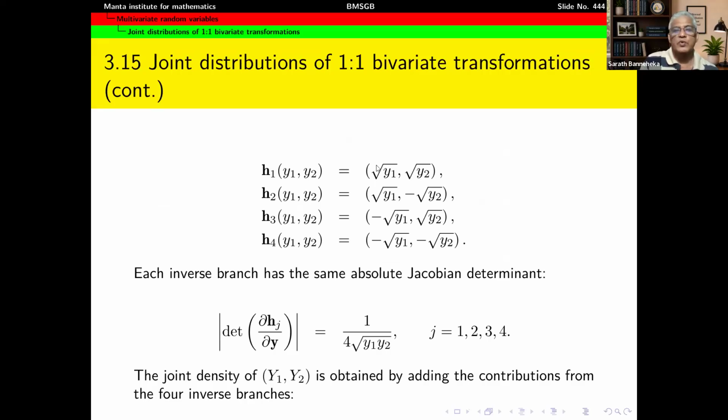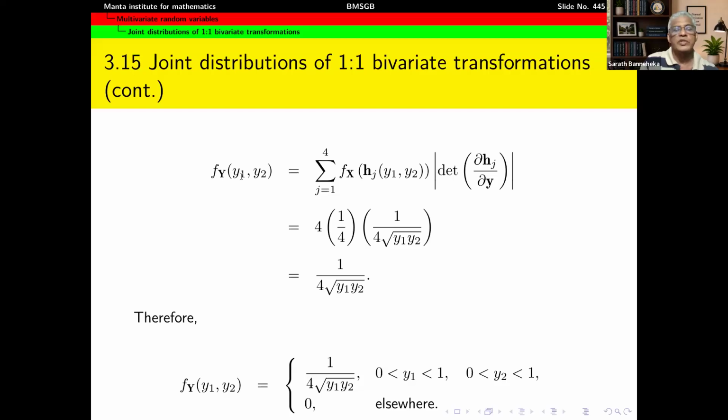Therefore, considering each, we can find the joint density, and the final joint density will be the sum of those joint densities. Each inverse branch has the same absolute Jacobian given by this expression, which you can easily calculate, because we are considering the absolute value. The joint density of y1, y2 is obtained by adding the contribution from the 4 inverse branches.